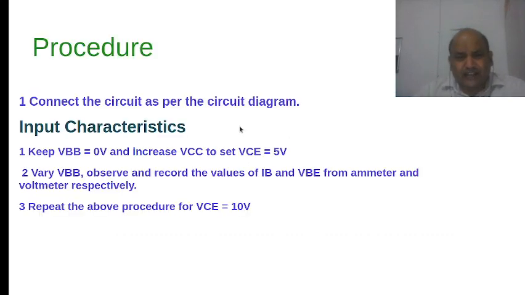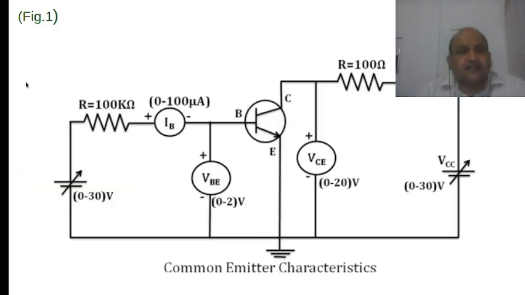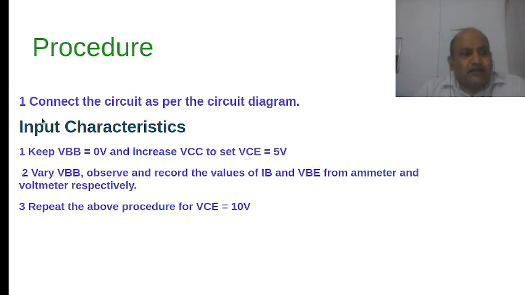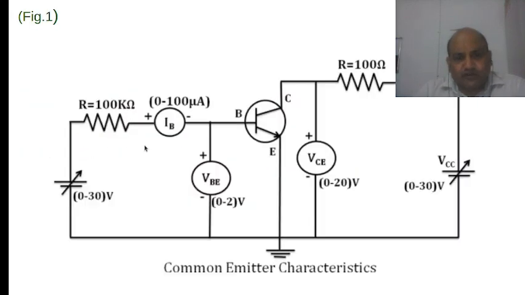So what is the procedure? For the procedure, first connect the circuit as per the first diagram. Then in the second step, we have to maintain VBB at 0 volt, meaning the voltage across this, or you can calculate this voltage also.